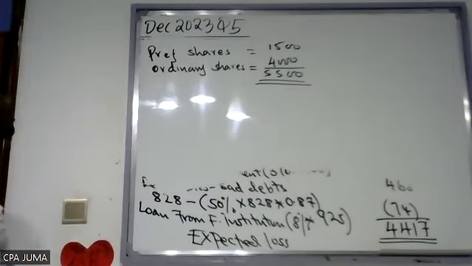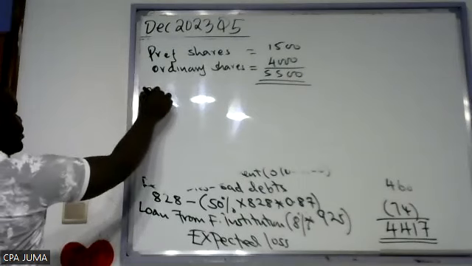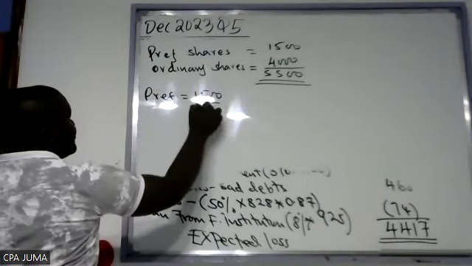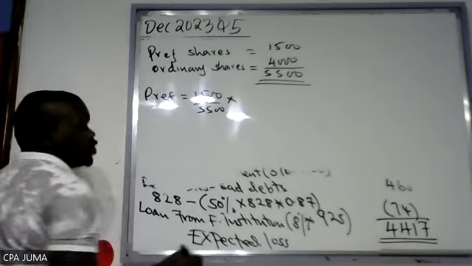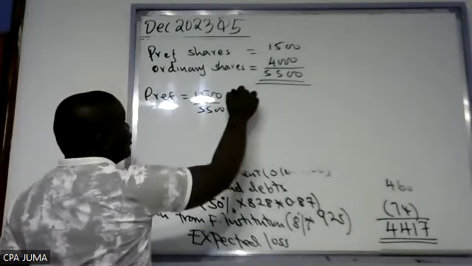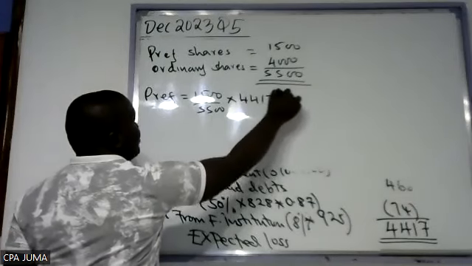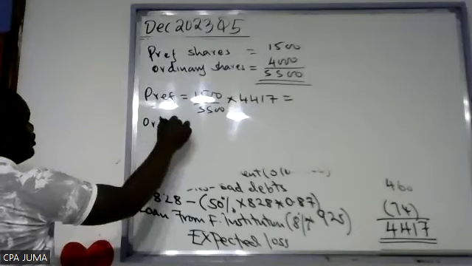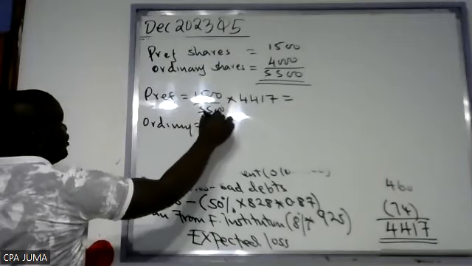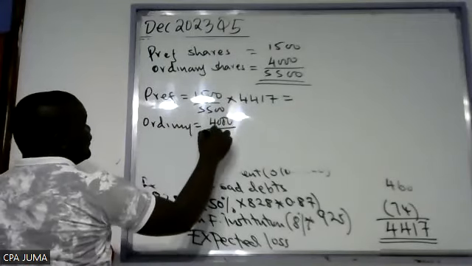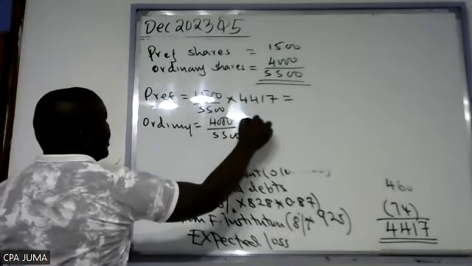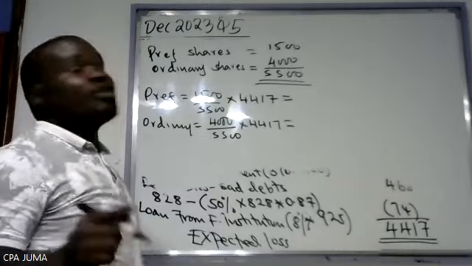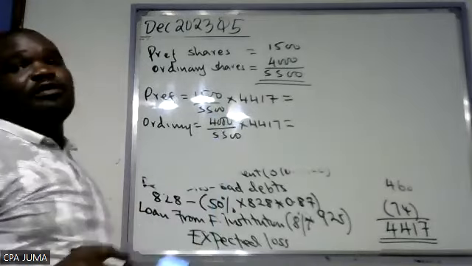Meaning that preference will go with 15 over 55 times the total expected loss, 44.17. Ordinary will go with 4 over 55 times 44.17. So that in your new balance sheet, you will subtract whatever they have lost.